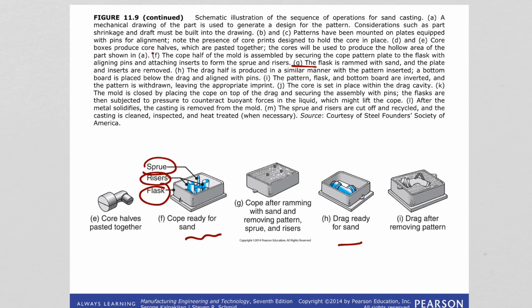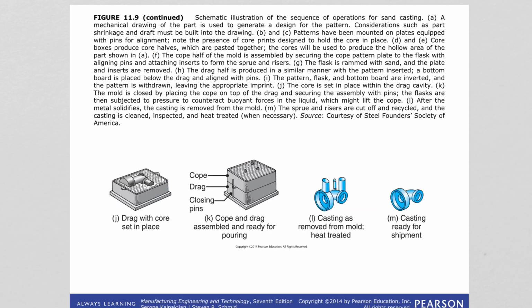The pattern flask and the bottom board are inverted and the pattern is withdrawn, leaving the appropriate imprint. The core is set in place in the drag cavity, and the mold is closed by placing the cope on top of the drag and securing the assembly with pins.